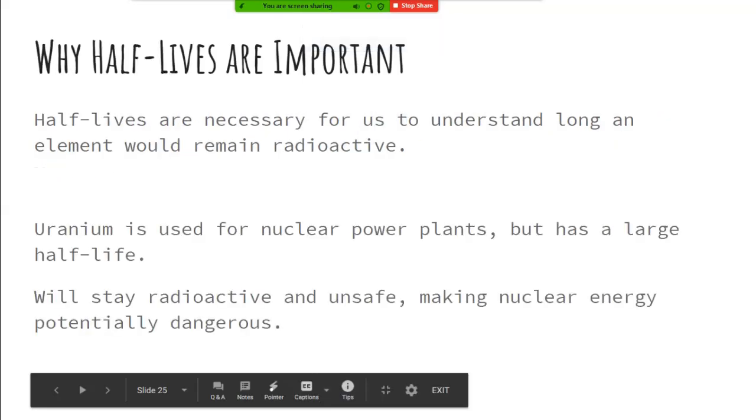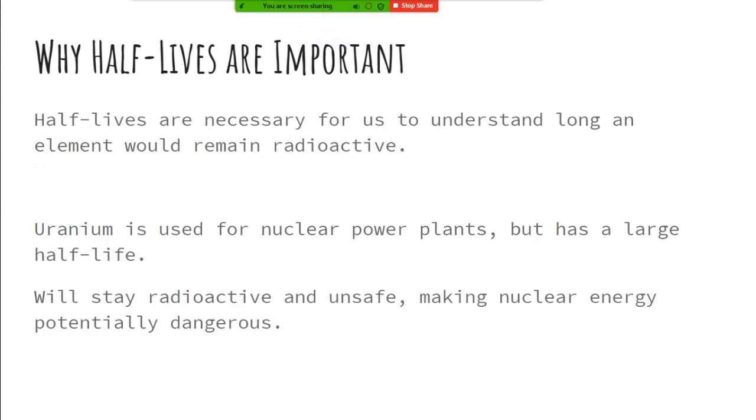So why do we care about half-lives? It's important for us to know how long a radioactive element will stay radioactive. We know uranium is used for power plants, but uranium-238 has a half-life of billions of years, so it'll take a long time for the radioactivity to go down to safe levels. This is why, even though nuclear power doesn't have the same environmental impacts, it's still dangerous, because radioactive elements are dangerous to humankind and the environment in many ways.